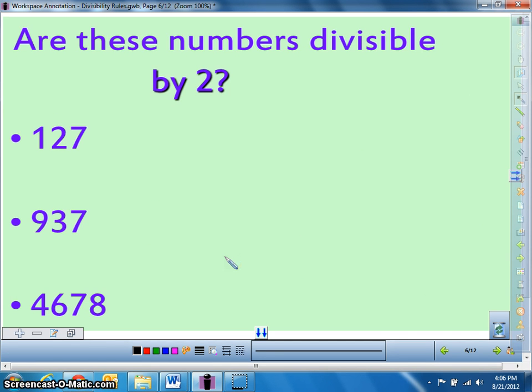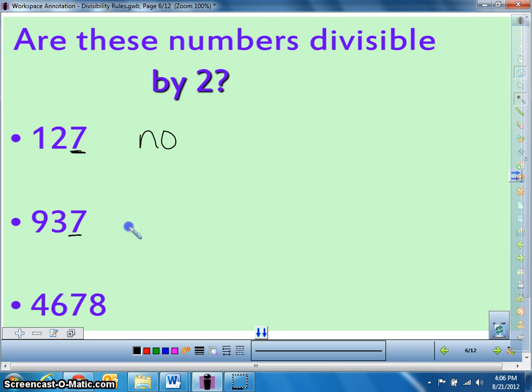So now let's check. Are these numbers here going to be divisible by 2? We can do that really, really quickly. Remember, all I'm going to do is look at the last number for each one of these numbers. When I look here, I'm looking at this 7. I know that 7 is an odd number. So no, it is not divisible by 2. Again, 937, a big number, but all I need to look at is that 7.